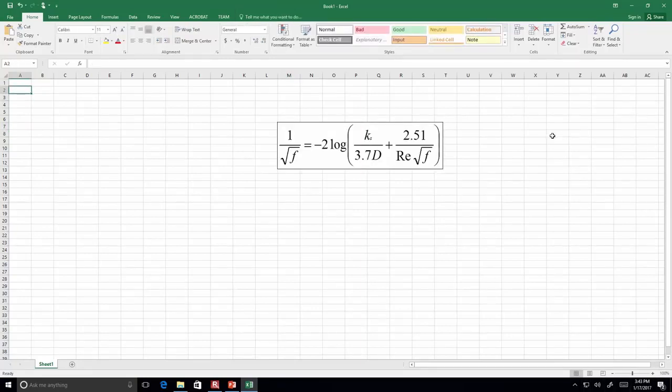So from the initial given information and the calculations I did before, we had the K sub s in millimeters was 0.15. We had a diameter of the pipe in millimeters, that is 136 from what was given previously. And then the Reynolds number that we calculated on the whiteboard was 1.87 times 10 to the 6th.